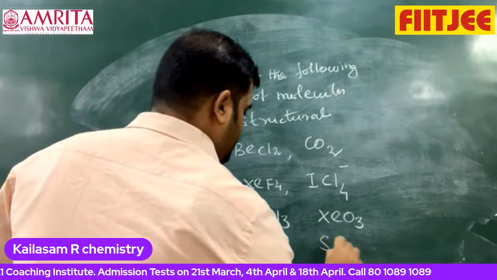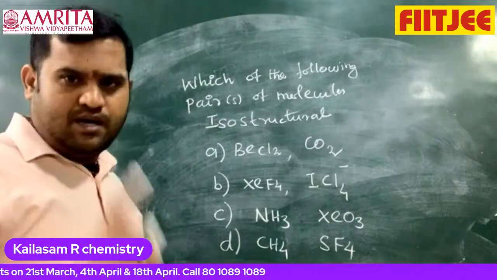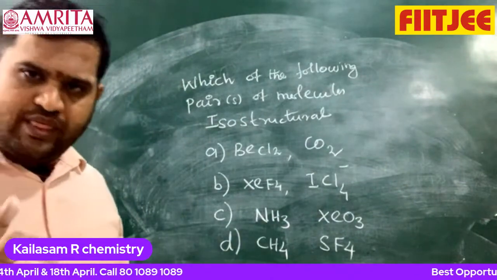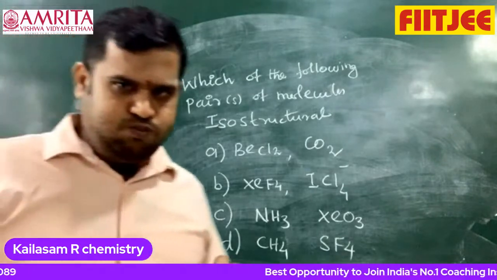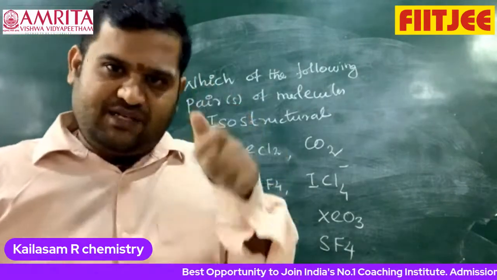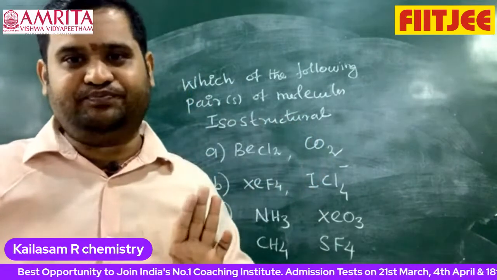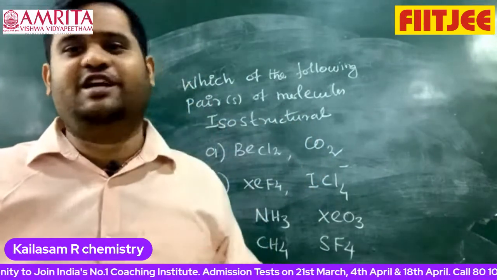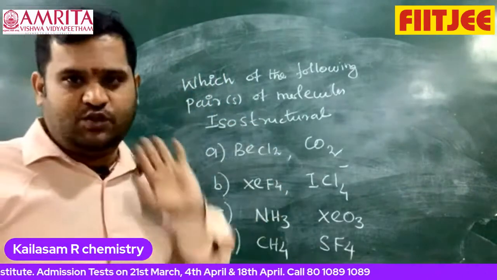Like this is given; I can say how to go with it. Find out the central atom. If the central atom has the same bond pairs and the same lone pairs, they definitely have the same shape. Take the example of BeCl2 and CO2.